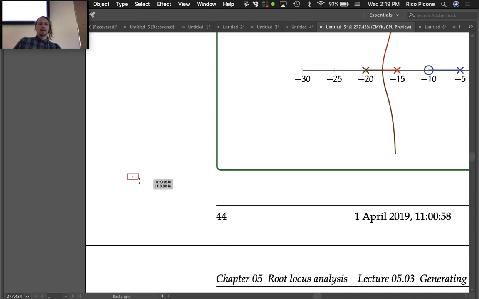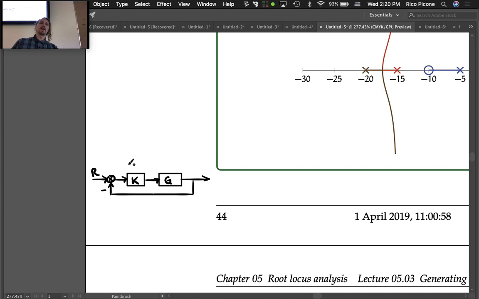We've got our controller, we've got our plant, we've got our summing junction, unity negative feedback, there's our command R. This is our controller with gain K, and then here's our plant, call it G.